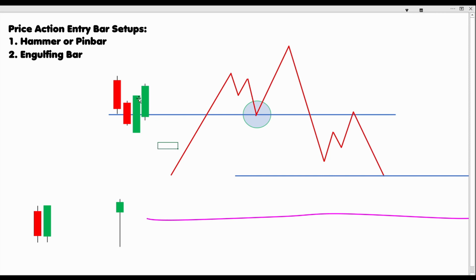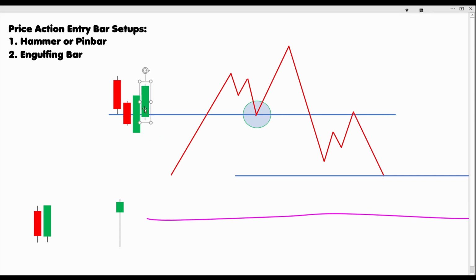Again, we can wait for the next bar to enter into the signal bar zone here and use a normal limit order. And this is good because we can lower risk again here. The risk is the distance between the entry point and the stop loss.